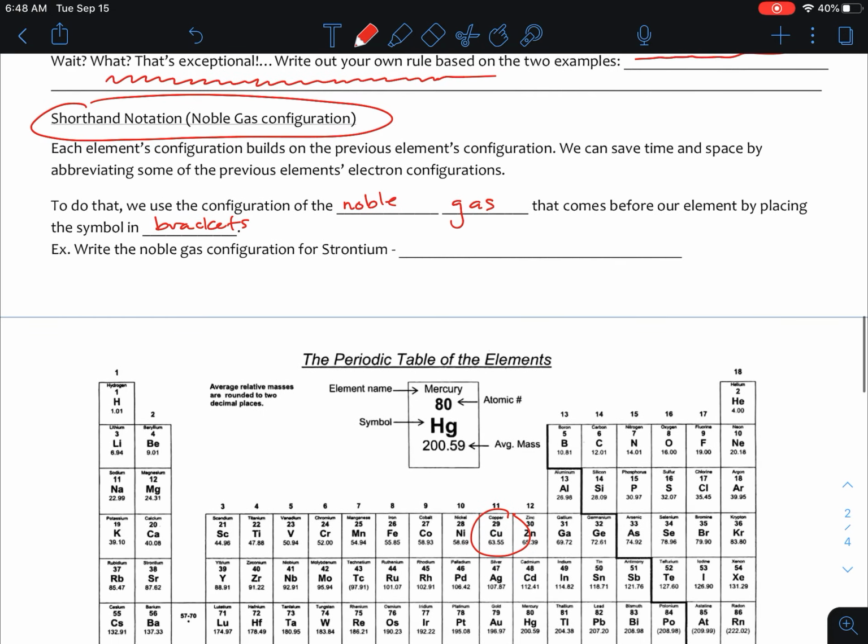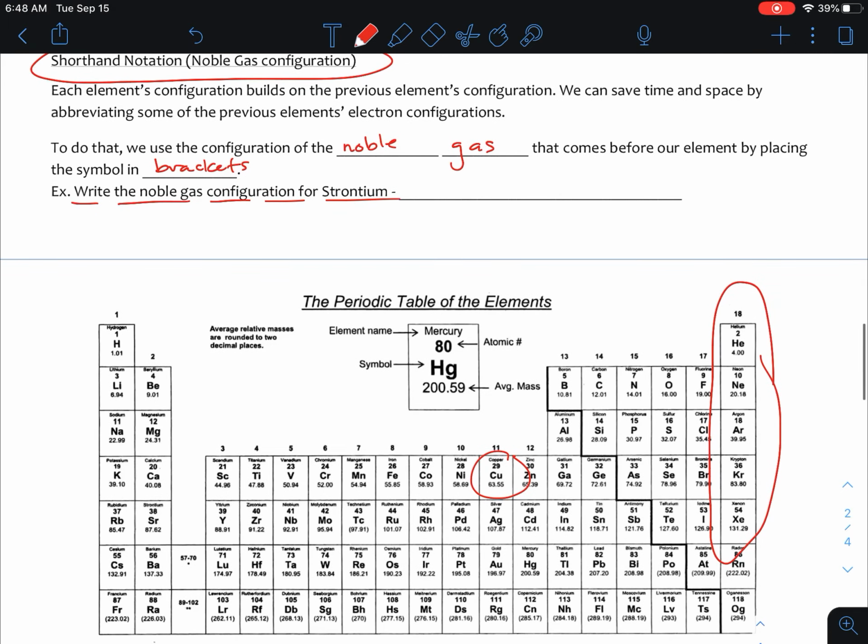And so noble gases are this whole family over here. So we're going to write out the noble gas configuration for strontium. So strontium is Sr, and Sr is number 38. So you may look at that and go, oh man, it's 1s2, 2s2, 2p6, 3s2, 3p6, 4s2, 3d10, 4p6, 5s2.